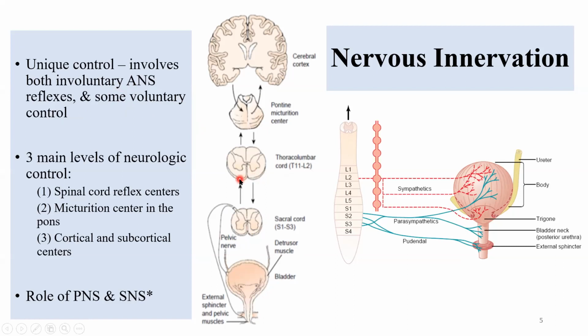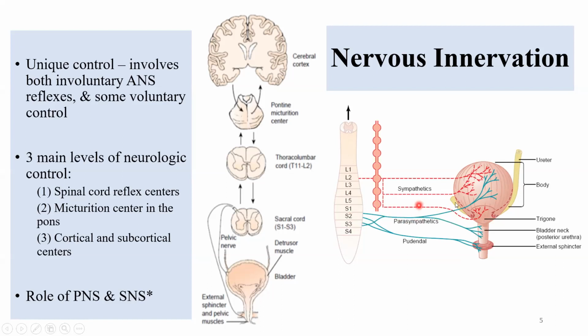The nerves are not shown here. So basically, the sacral cord, if you refer to this slide, which is basically a blown up part of this area. So this is the bladder, this is the sacral component, and you see parasympathetic fibers going into the bladder. This is the blue thing.